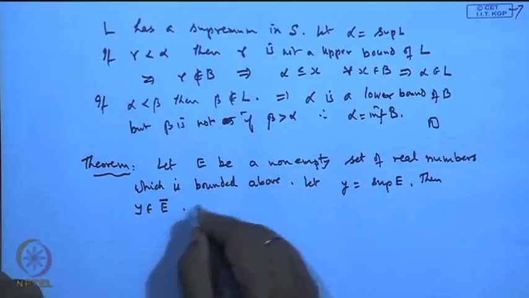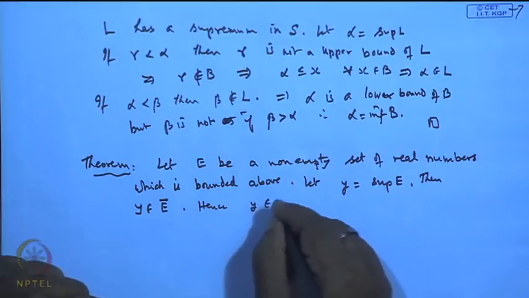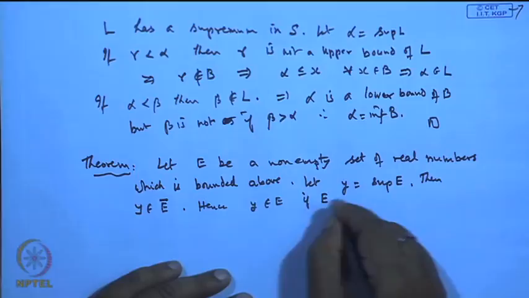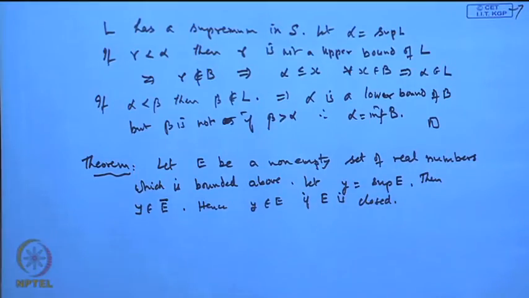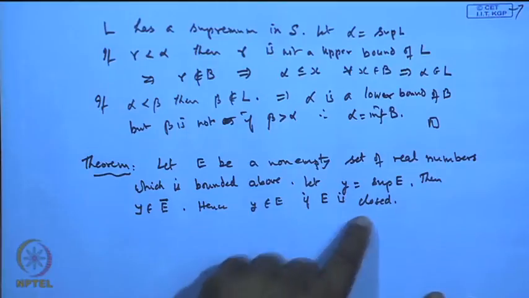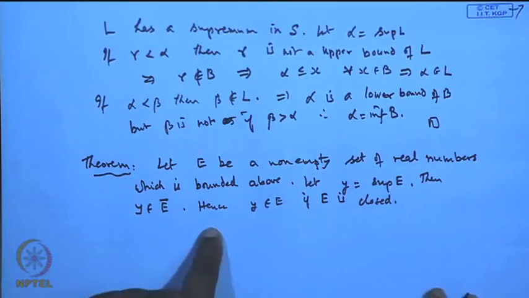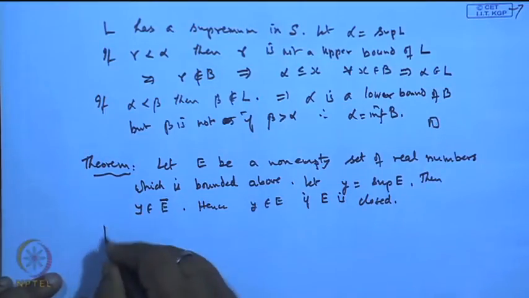Hence, y belongs to E if E is a closed set. Obviously, when E is a closed set, E bar is equal to E. So, the second part of this result follows immediately. The first part we wanted to show first.